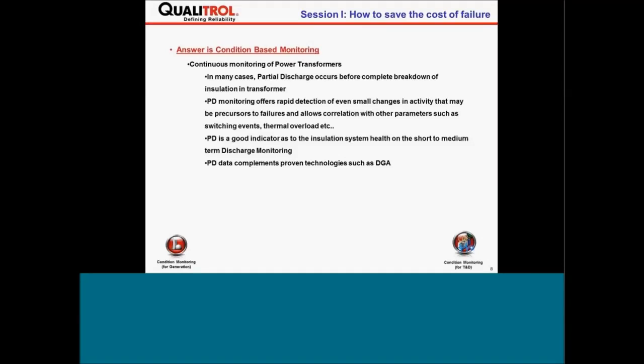Also, along with the DGA, you can tie the two together. There is a history of knowing when particular gases get to a particular level that the transformer is in a difficult state, and hence should be taking an outage on the transformer or the load reduced. That is based very much on gas analysis. So the two go hand in hand, we believe, not one against the other.